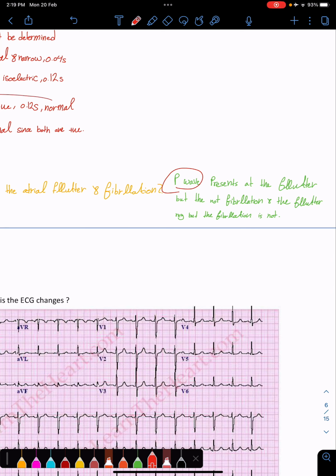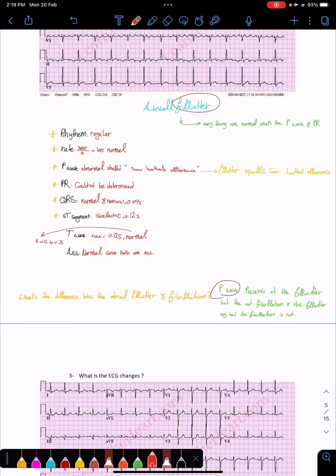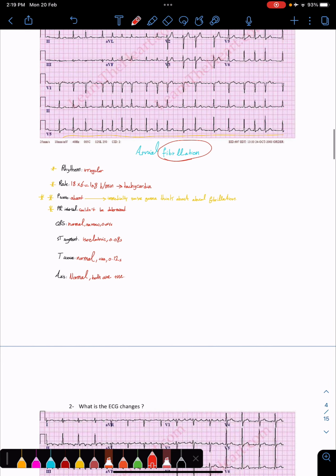The P wave in flutter is going to have a toothed appearance, but in fibrillation it is not going to be toothed. It's going to be absent altogether in fibrillation. Remember this by N, no P wave at all.